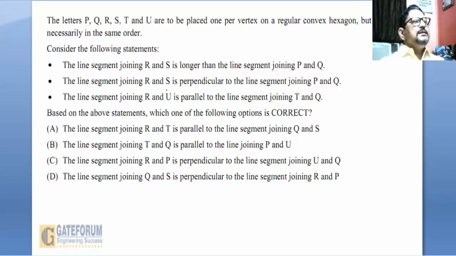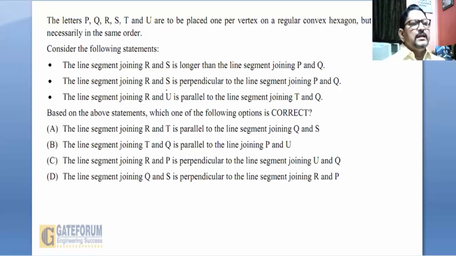The letters P, Q, R, S, T, and U are to be placed one per vertex on a regular convex hexagon. I'm sure we all understand what a convex hexagon is. Regular convex hexagon means all the sides of that hexagon are equal, but not necessarily in the same order.